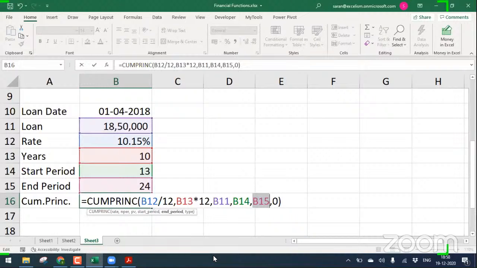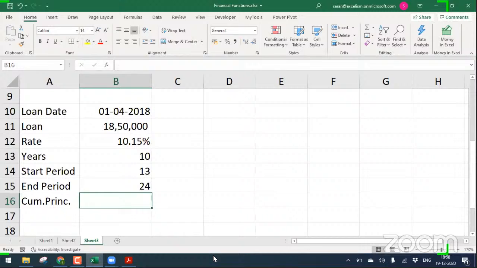I hope you all understood the case study for which I have taken this. The case study is very simple. If anyone comes to our office without an interest or housing loan certificate or anything, how do we calculate for a specific financial year? Let's say I asked him, he said his loan date is 1st April 2018, he has taken a loan of 18,50,000, and the rate of interest is 10.15%.